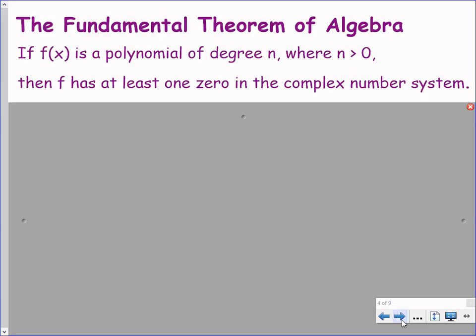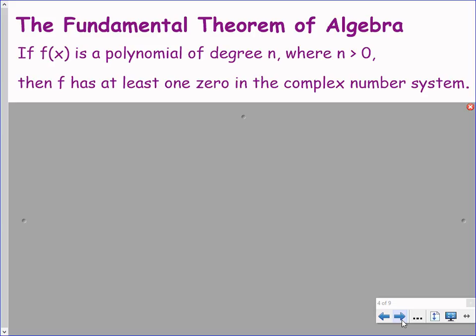Okay, so we're leaving out the horizontal lines, and we're starting with the linear lines that have slopes other than 0. So it says, if the polynomial of degree n where n is greater than 0, so we're talking linears and up, then the function f has at least one 0, one or more, in the complex number system. And what types of numbers are in the complex number system? Real numbers and imaginary numbers.